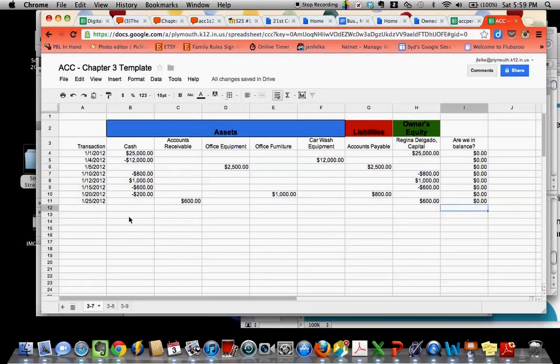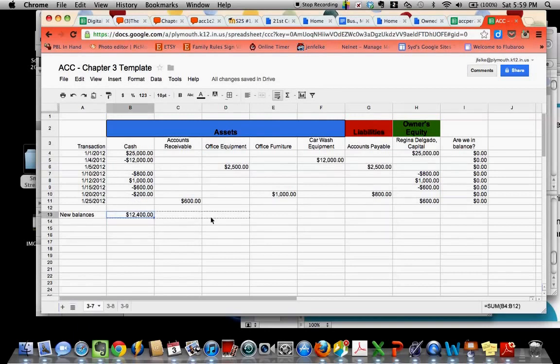And so the next thing we want to do is find out what our new balances are after all these transactions. And that's really easy. All we need to do is a sum. So use the sum, highlight all the way up. So our new cash balance is 12,400.